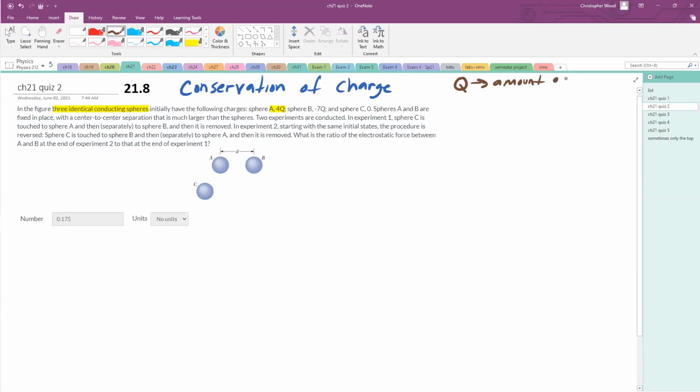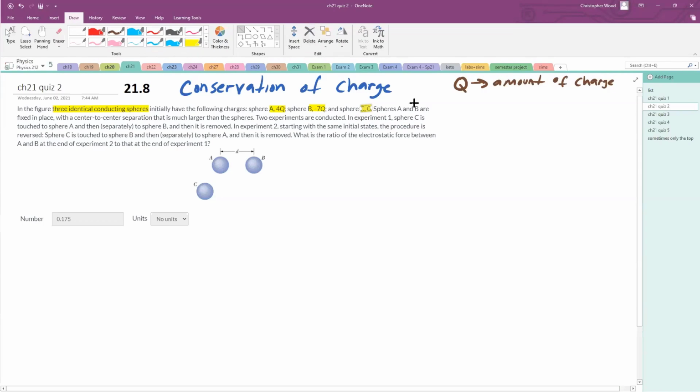They're not really quantifying it, they're not throwing out any numbers. They're just giving a variable. So they're saying, whatever the charge is, let's just call it Q. And for sphere A, they're saying sphere A has 4Q, whatever Q is. Sphere B is negatively charged, -7Q, and sphere C is neutral, no net charge whatsoever.